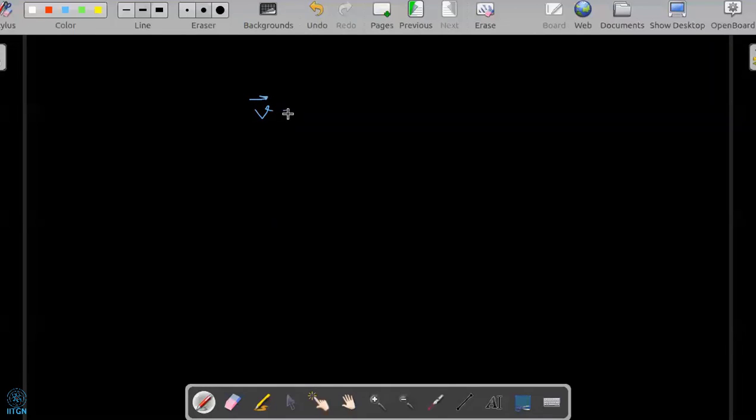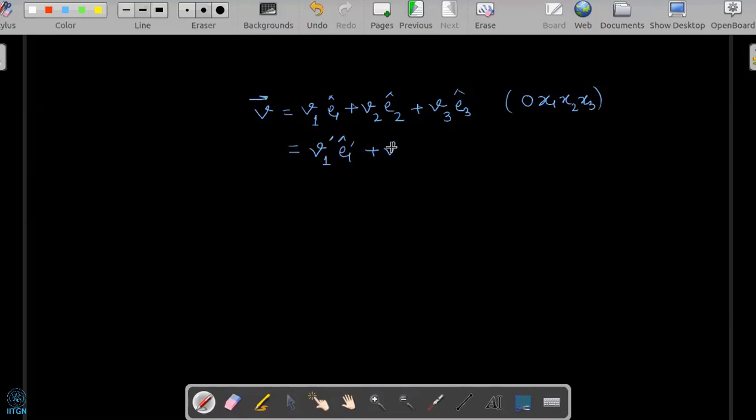I can define it as v1 e1 cap plus v2 e2 cap plus v3 e3 cap. This is with respect to the coordinate system O x1, x2, x3. The same vector I can write in the new set of coordinate system as v1 dash e1 cap dash plus v2 dash e2 cap dash plus v3 dash e3 cap dash, with respect to the new set of axes.